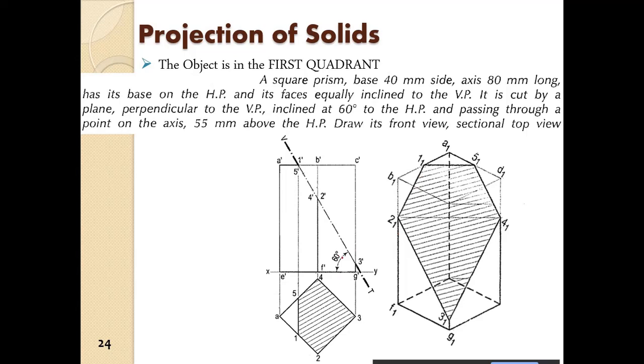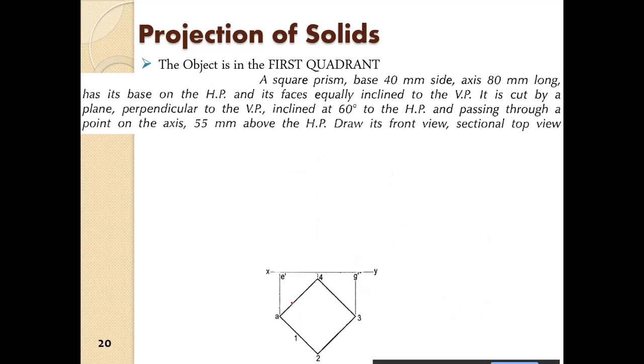And of course, in case of prisms, it is not very difficult. In this case of the square prism, we have equally inclined, so easy steps. First of all, you draw the top view, where the edges are equally inclined, the faces are equally inclined to the VP.